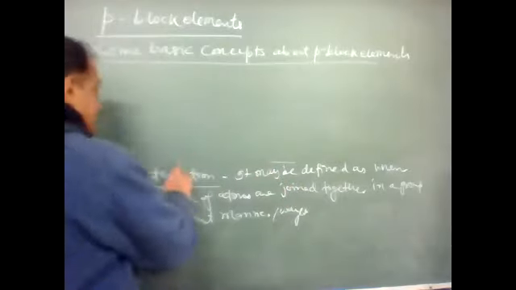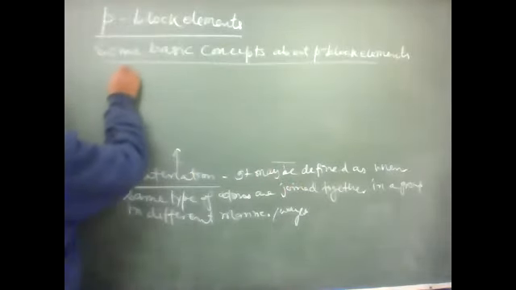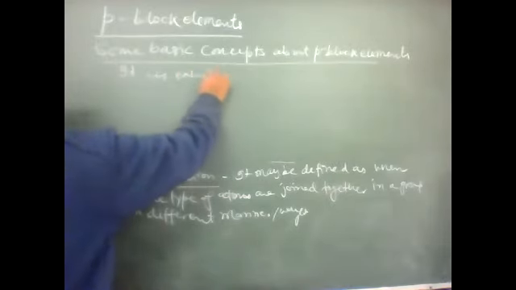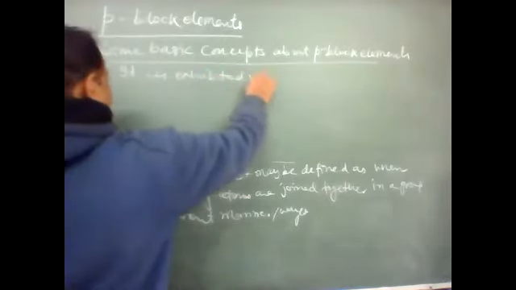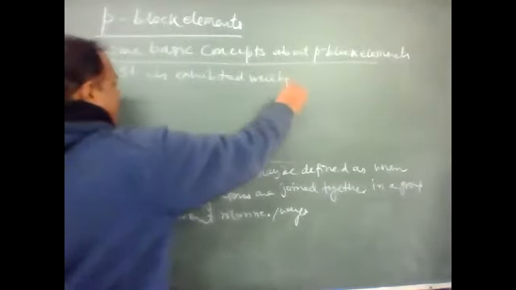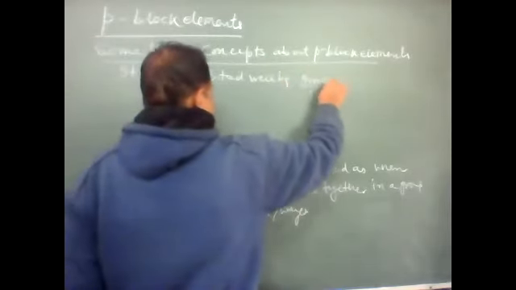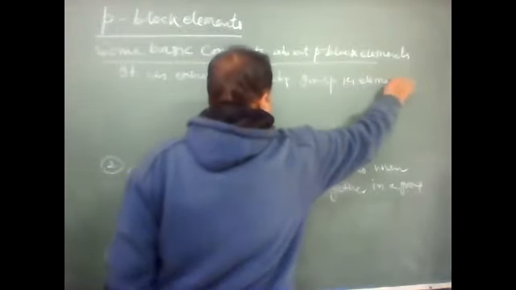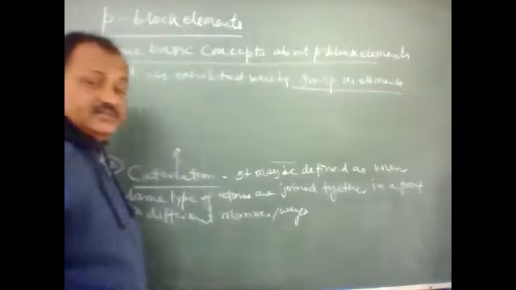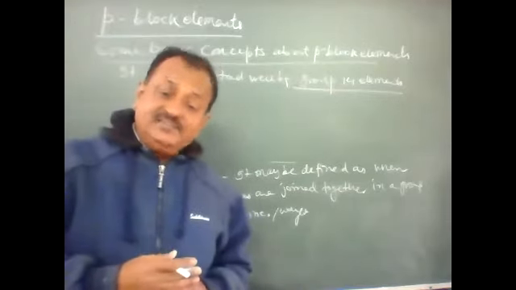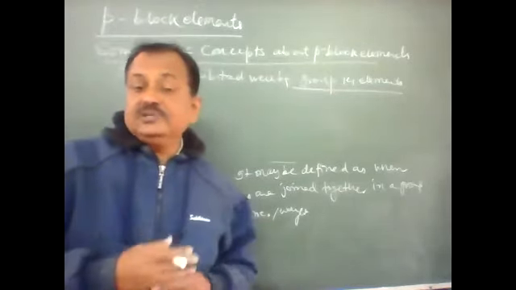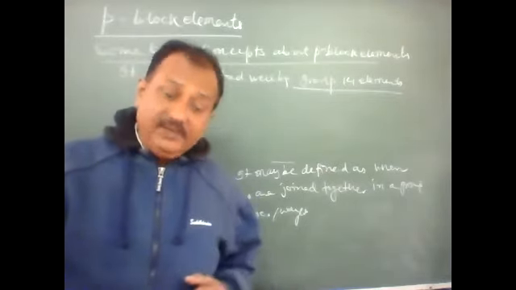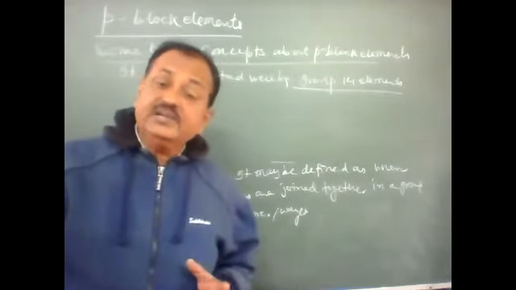So this property of catenation is exhibited well by group 14 elements. Group 14 elements, you have seen in class 10. Carbon forms a very large number of compounds, a large number of hydrocarbons, a large number of organic compounds.